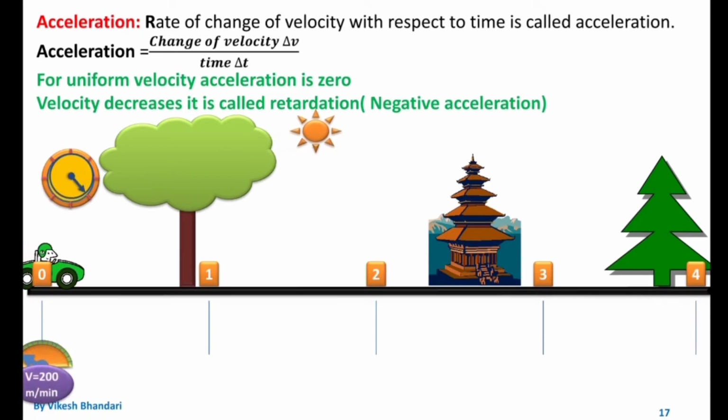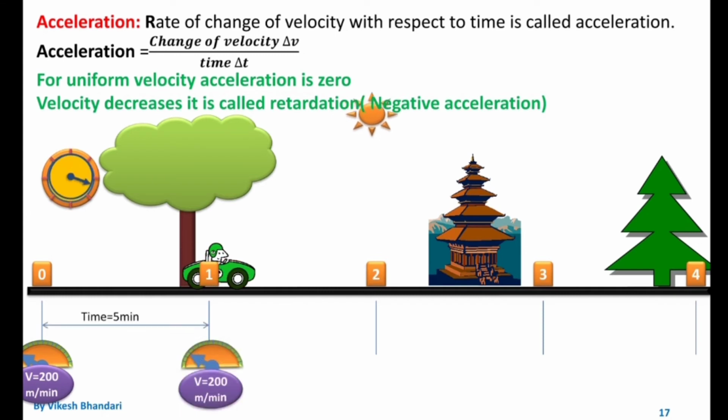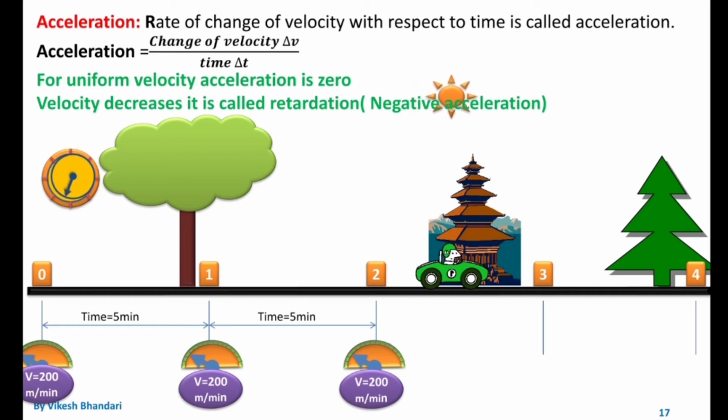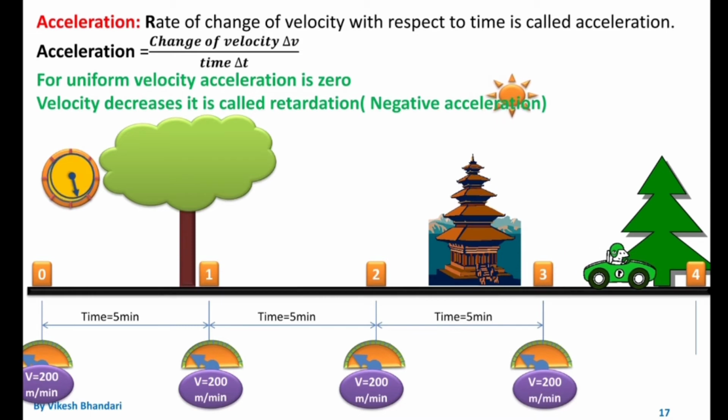A car is moving at velocity 200. After the first kilometer, in 5 minutes it covers at 200 meter per minute, and after 5 minutes also v is equal to 200 meter per minute, and he covers the fourth also in 5 minutes.